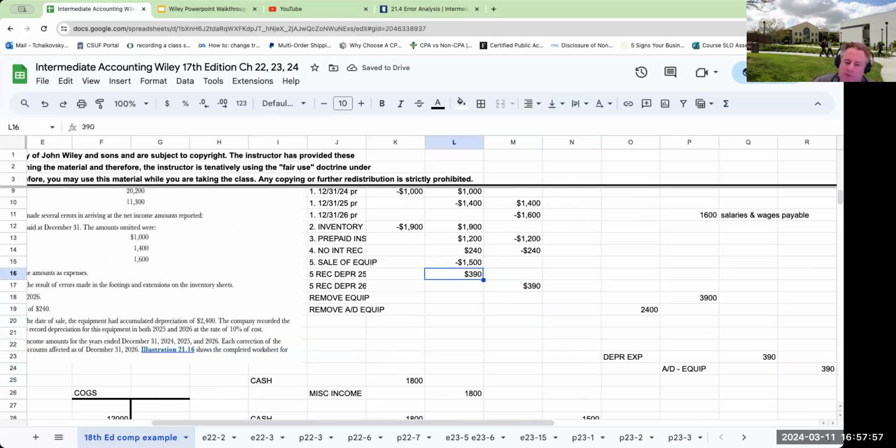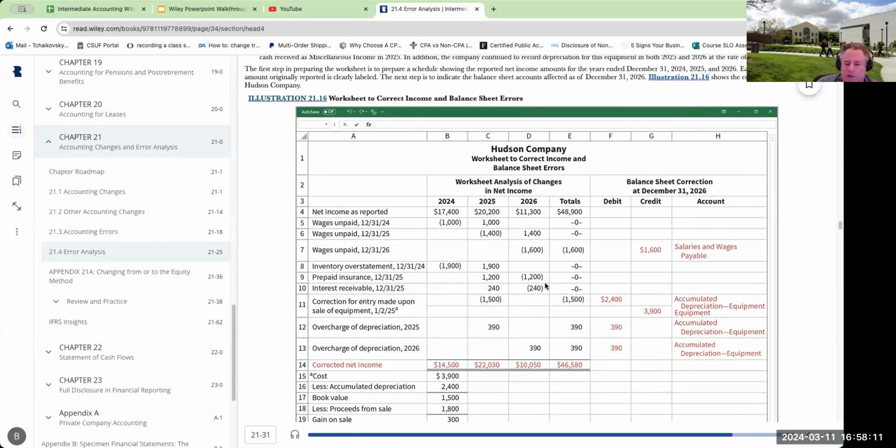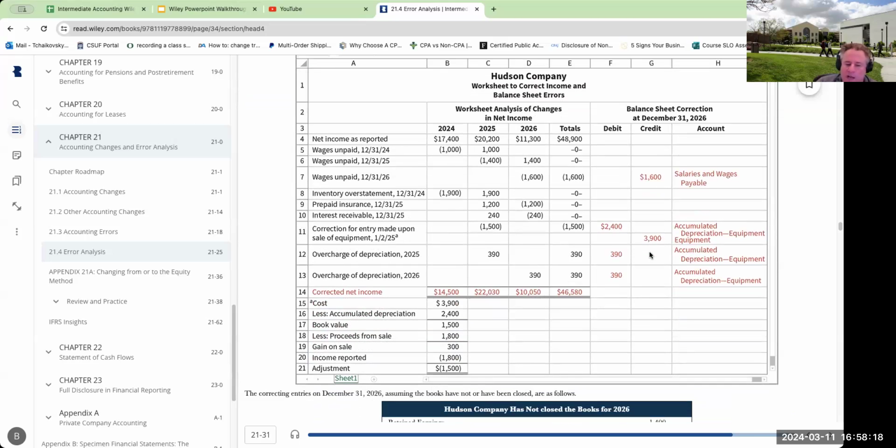So if I'm adding these back, which is what I just did, I'm also going to have to put these amounts here as debits to reverse this out. So if we go through over here and let's see how Bennett did, overcharge of depreciation, looks like I did this part of it correct.